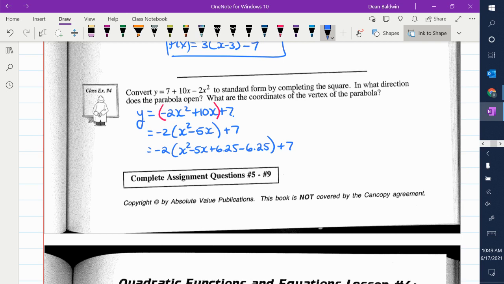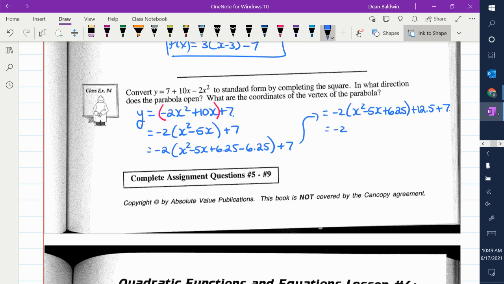What do you have to do when you pull a negative out? Multiply by the negative 2. So then you get positive 12.5 on the outside. Okay.